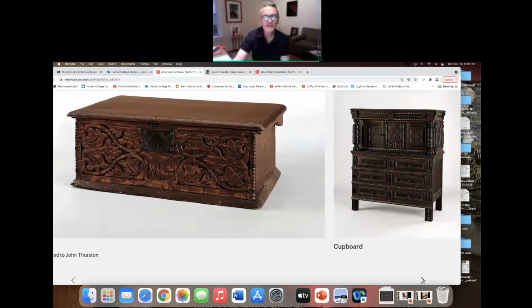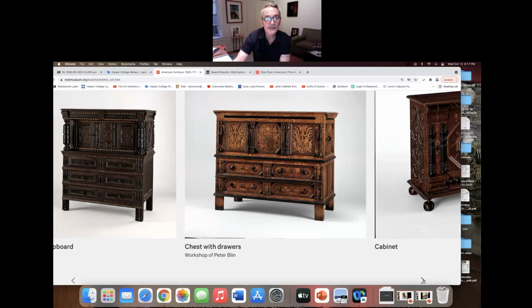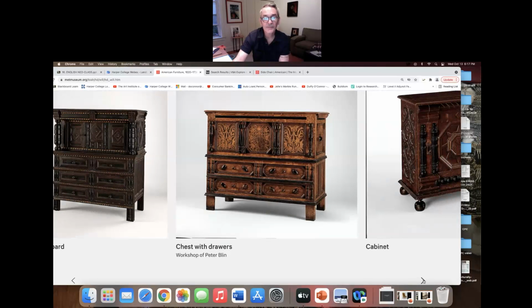So here you get some idea. The designs in the English colonies are simpler. They're less elaborate, less ornate. There definitely is ornament, but they're working with certain limitations. For one, they don't have the resources that they might have had in England.